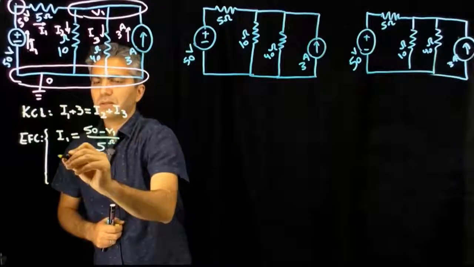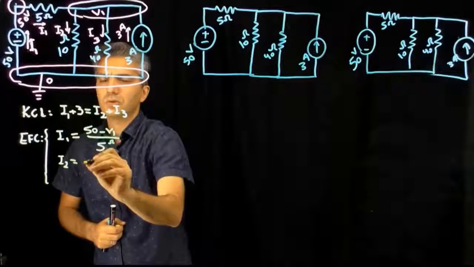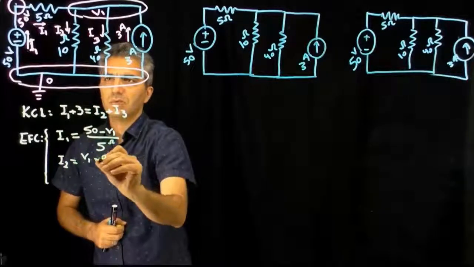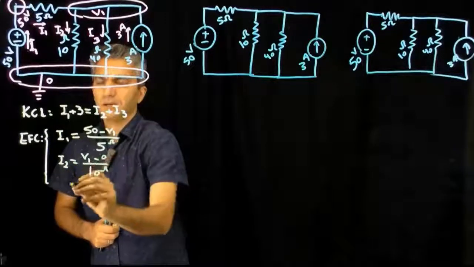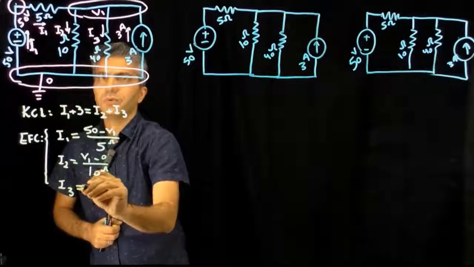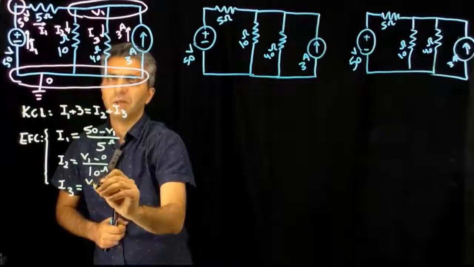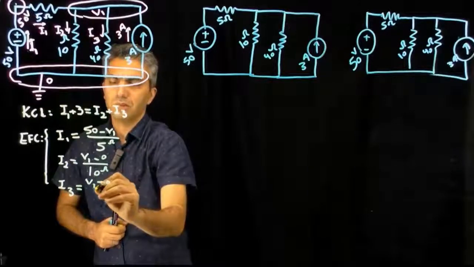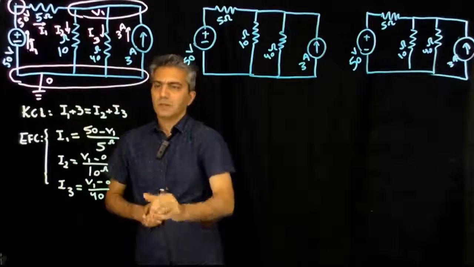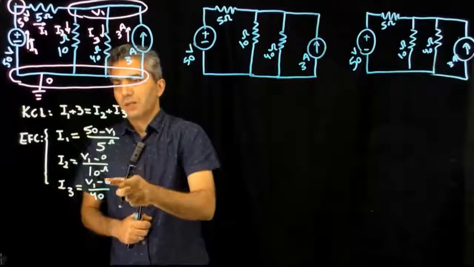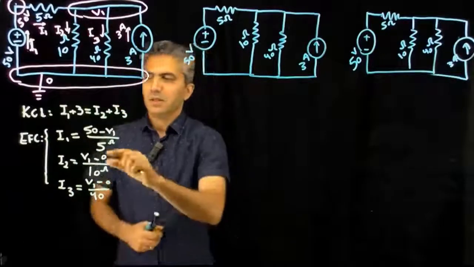This one is I2 equal to V1 minus 0, divided by 10 ohms. And finally, I3 is equal to V1 minus 0, divided by 40. Now, when it comes to solving this, one of the simplest ways of doing it is obviously to use a calculator.